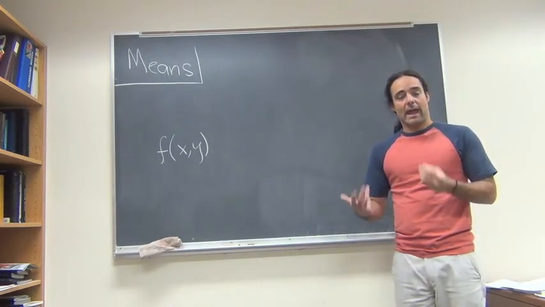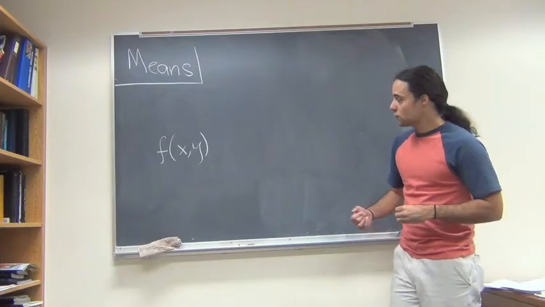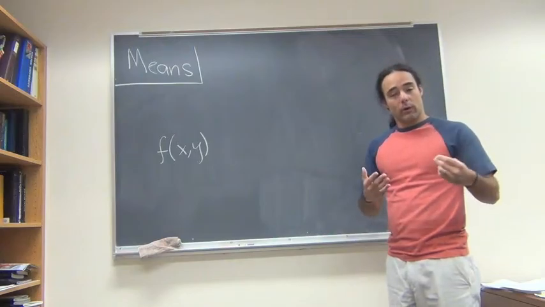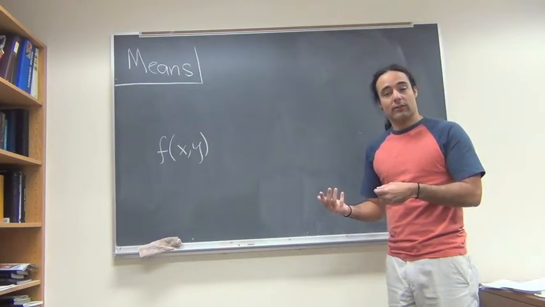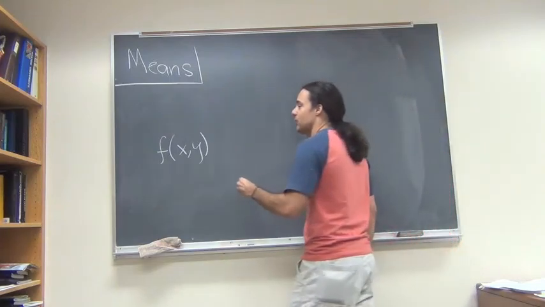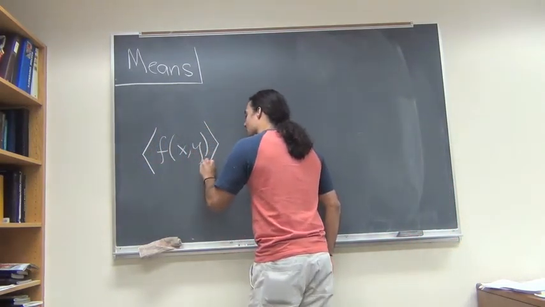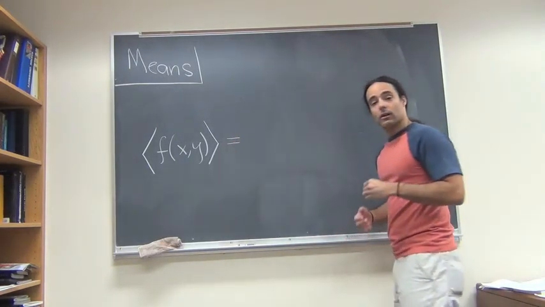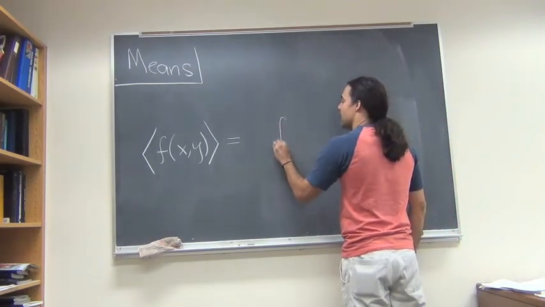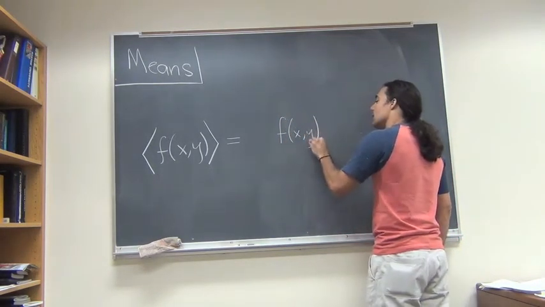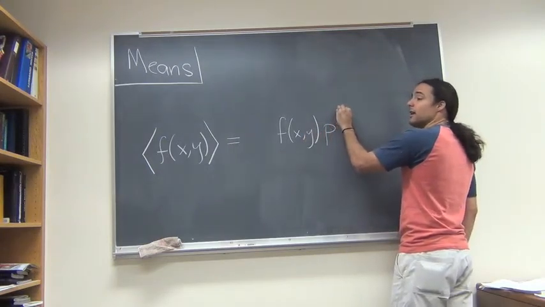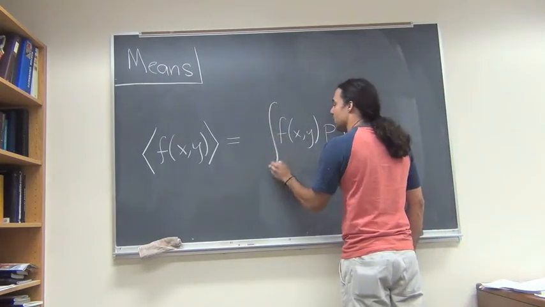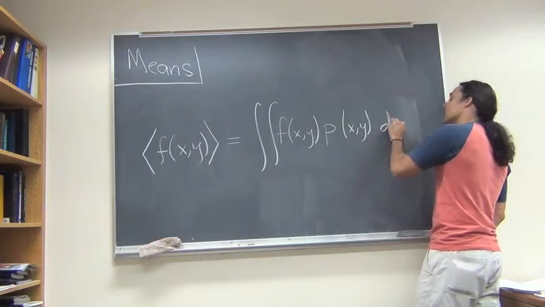Suppose I want to compute the average, or the mean, of some function. Suppose I'm looking at some function of those two random variables. Well, it works very similarly with a joint probability density as it did with just a single variable probability density. If I take an average, I'm just going to use the angle brackets to denote that average. And just like we did before, we are going to take that function times the probability density, in this case the joint probability density, and then we are going to integrate over the full range of that function.